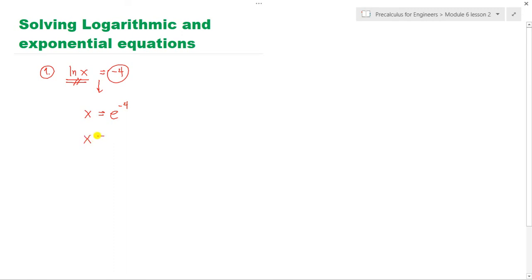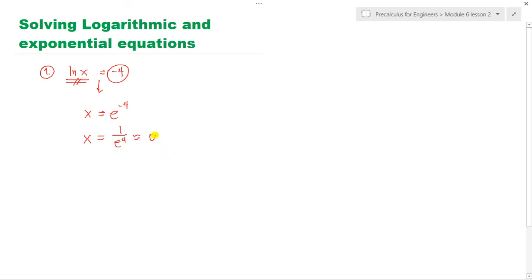Simplifying, you can also write this as 1 over e to the 4th.